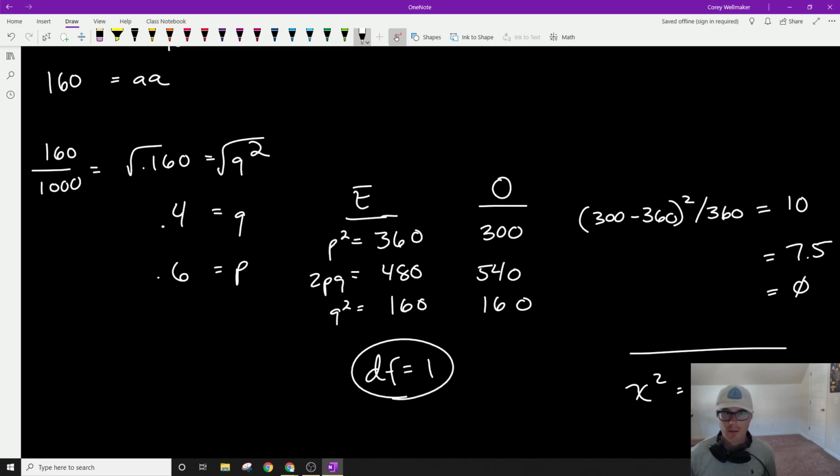Our critical value, and you guys will always have a chi-square table to reference. Let me pull up the one that you'll actually have on your test. I don't know if they have that posted under the course and exam description.